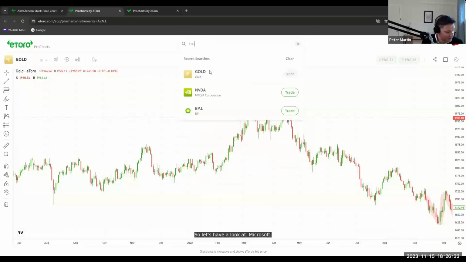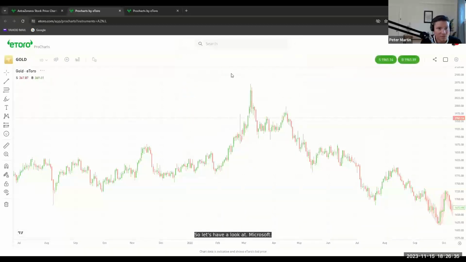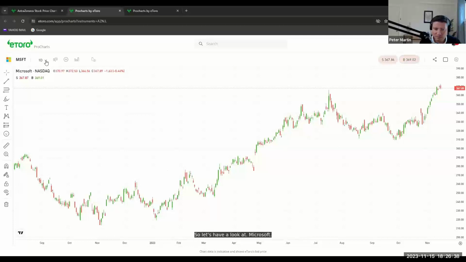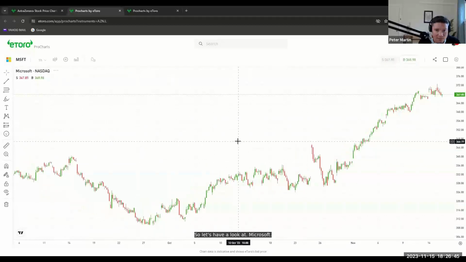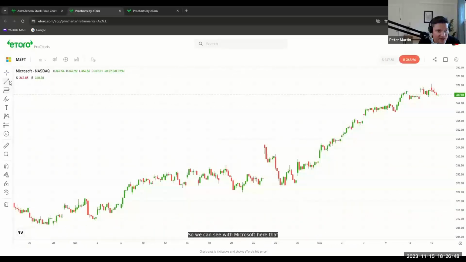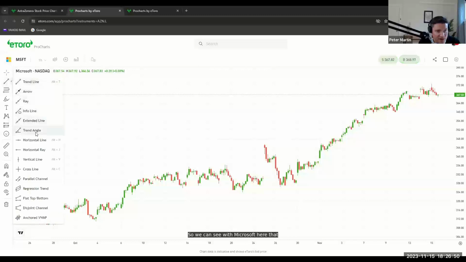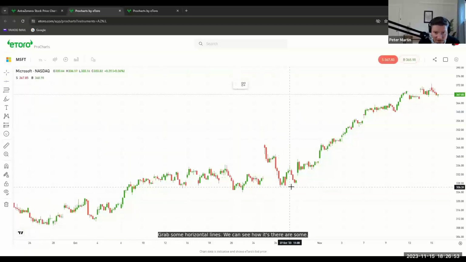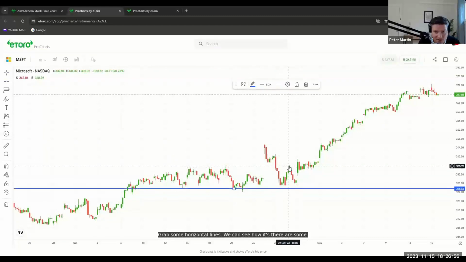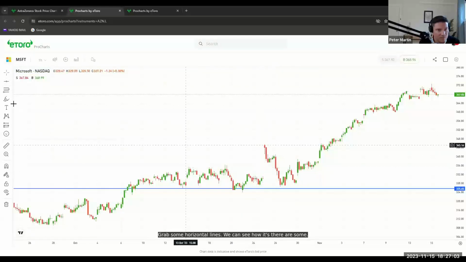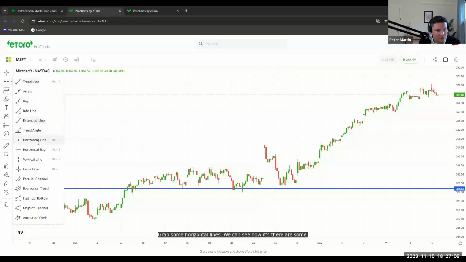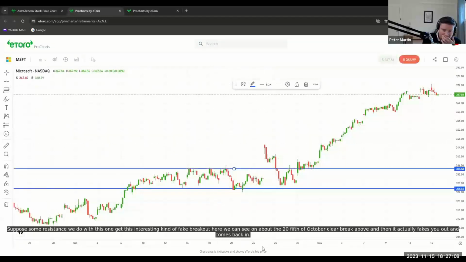So let's have a look at Microsoft. We can see with Microsoft here that if I grab some horizontal lines, we can see how there are some support and resistance levels.